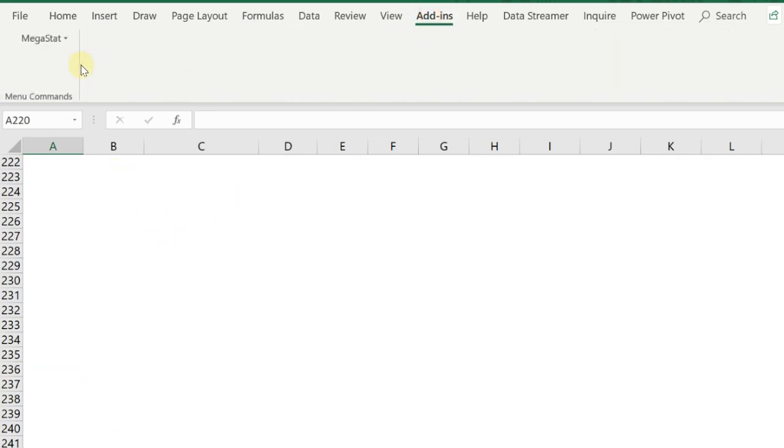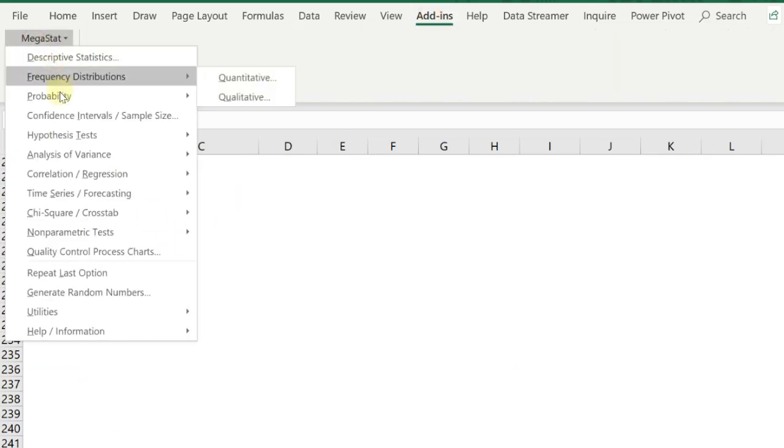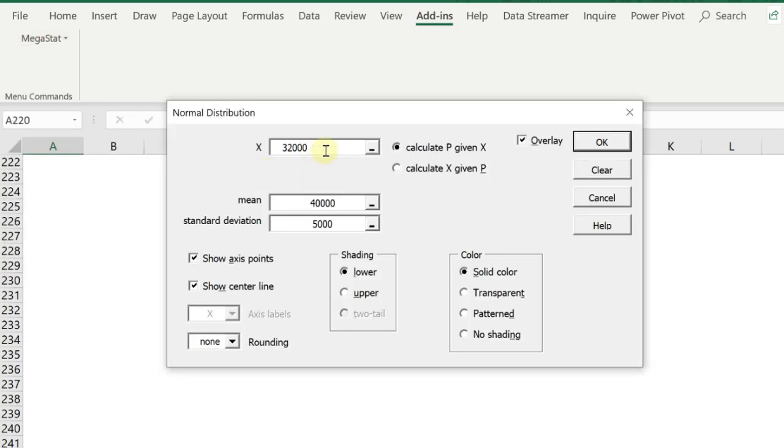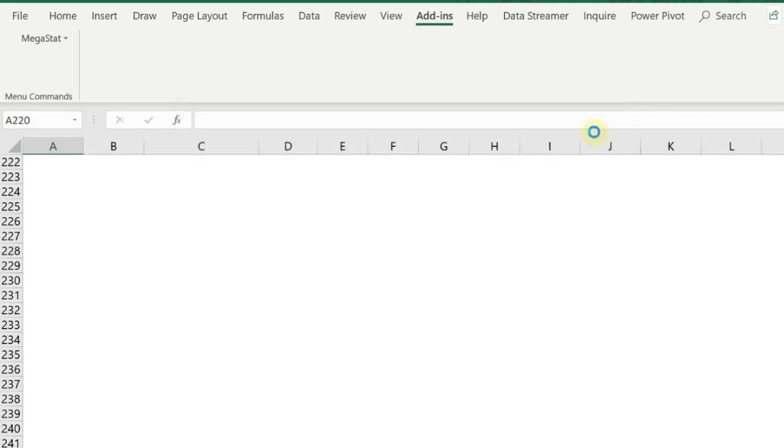I'm going to go add-ins, MegaStat, probability, normal distribution, and between 32 and 35,000. So change this to 35,000. Remove the overlay. That's the higher of the two numbers. Transparent. Get that lower number.